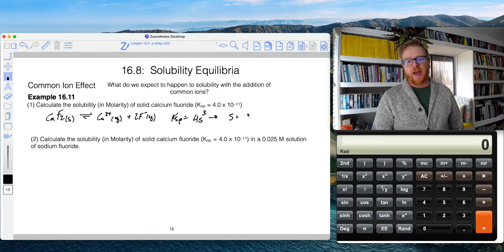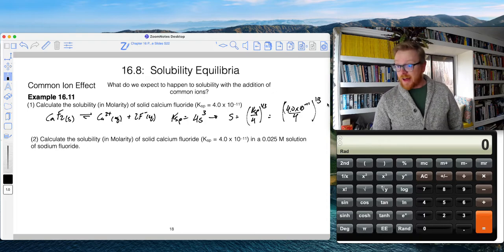So recall that goes as KSP divided by 4 all to the 1/3 power. So I got that by first dividing both sides by 4 and then taking both sides to the 1/3 power. Okay. So as you can see, once we know that shortcut, it does make the calculation go a lot faster.